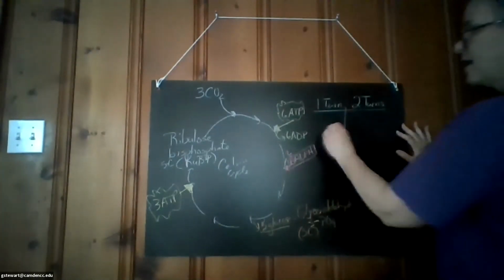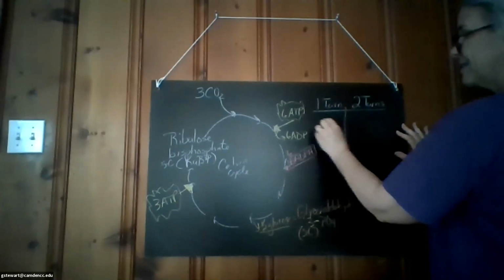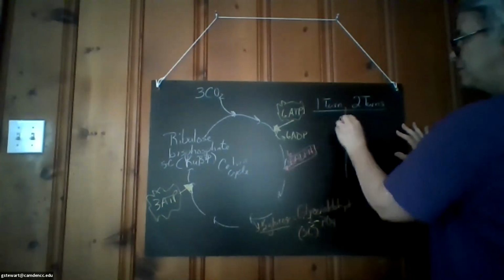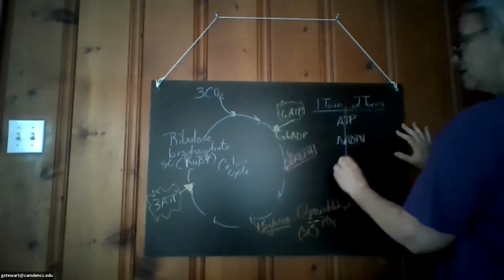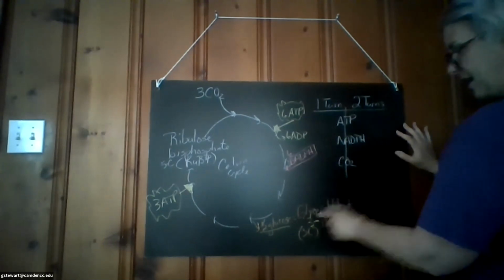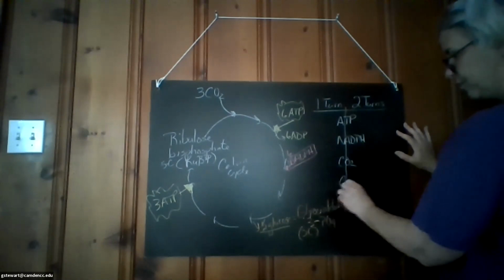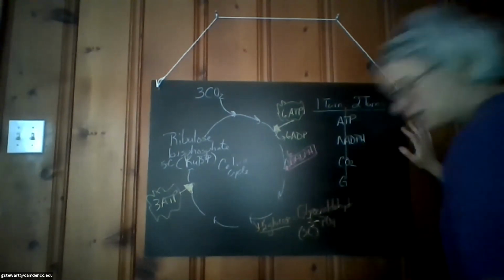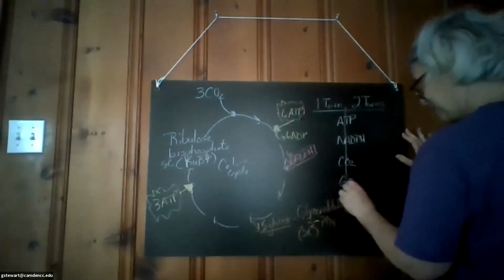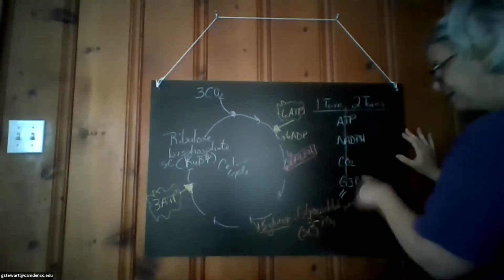So for a single turn of the Calvin cycle, we would require 6, if I put ATP here in the middle, NADPH here, carbon dioxide, and then I'm going to leave the glyceraldehyde 3-phosphate, you can abbreviate as G3P. That's the same as that.